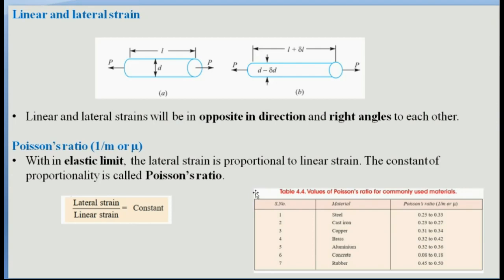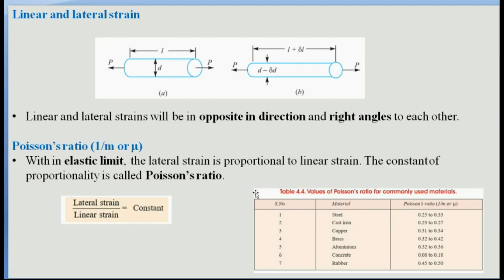Length is in the axial direction, perpendicular to that is the cross section. In the cross sectional plane, the dimensions should reduce. That change in dimension in the cross sectional plane to the original dimension in the cross sectional plane is known as the lateral strain. Poisson's ratio is the ratio of this lateral strain to the longitudinal strain.